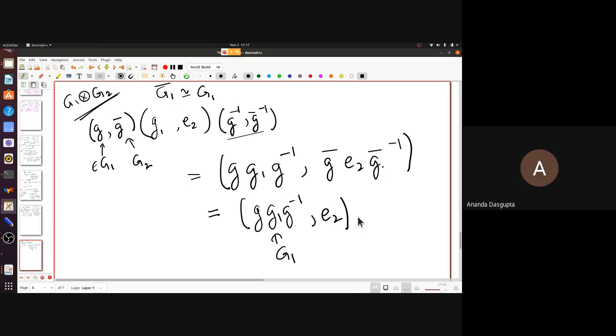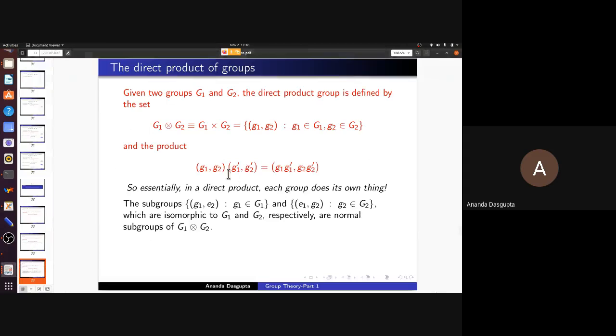So notice that take any element from G1 bar, hit it with any element small g, which actually stands for this pair here of G1 cross G2, and g inverse on the right, you actually get an element of G1 bar again. So G1 bar essentially is a normal subgroup. And since G1 is isomorphic to this, basically we say G1 is a normal subgroup of G1 cross G2, so is G2 a normal subgroup of G1 cross G2.